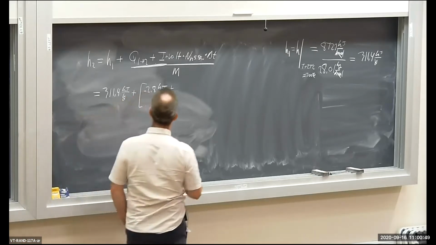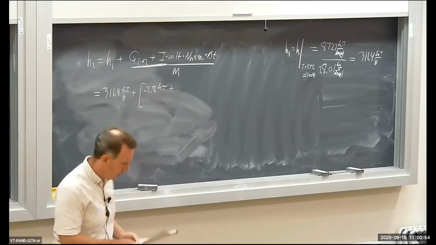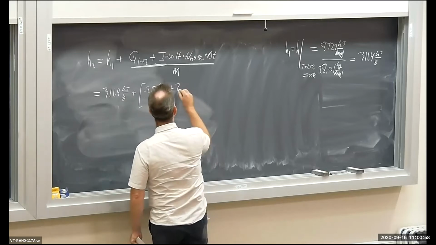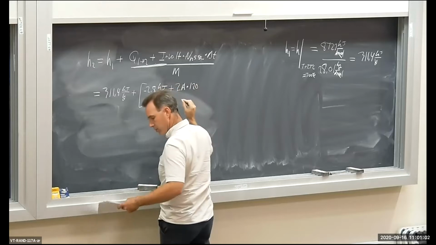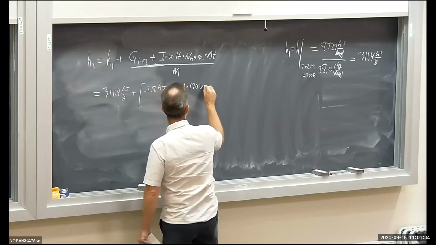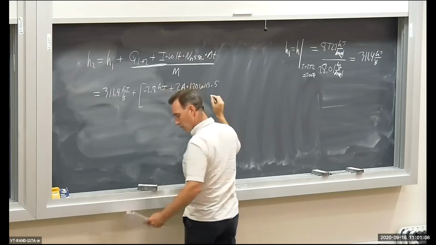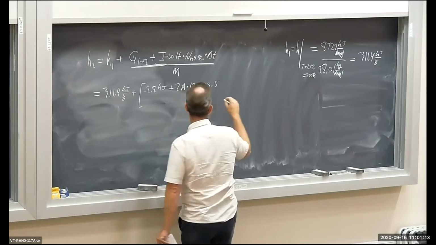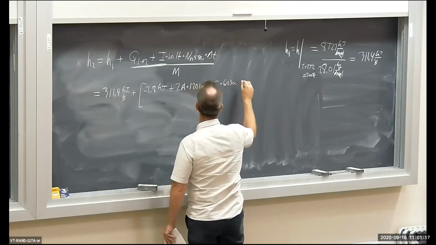Okay, so negative 2.8 kilojoules. What was the current here? I've got to go back and look. The current was 2 amps. The voltage was 120 volts. There were 5 resistors, as I recall. Yes, 5 resistors. And it was running for 60 seconds.